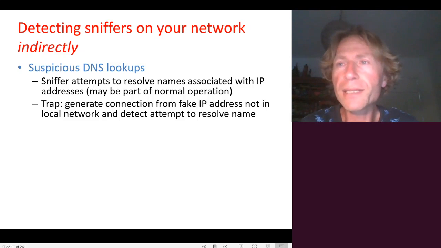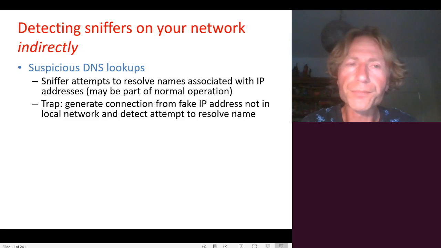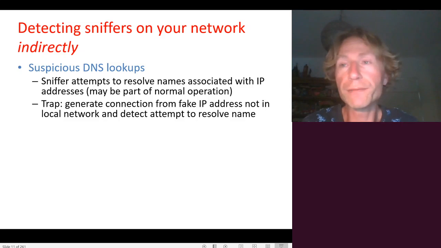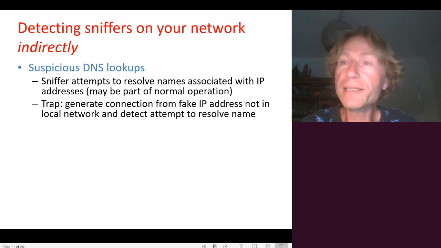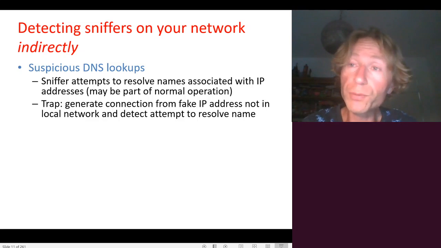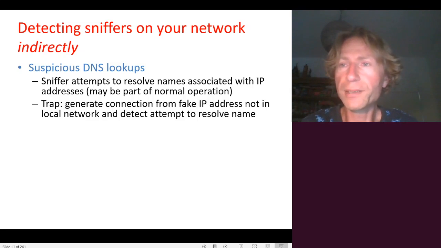That means that we can detect these DNS lookups. One trap that you could lay for the sniffer is to send traffic from a fake IP address, something that doesn't exist in the local network, and then see if anybody's trying to resolve that IP address, because that would indicate that something is wrong.